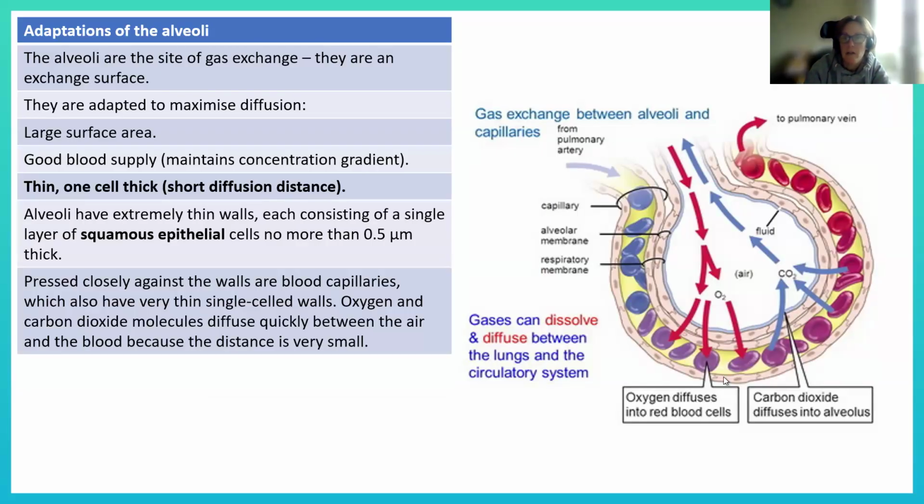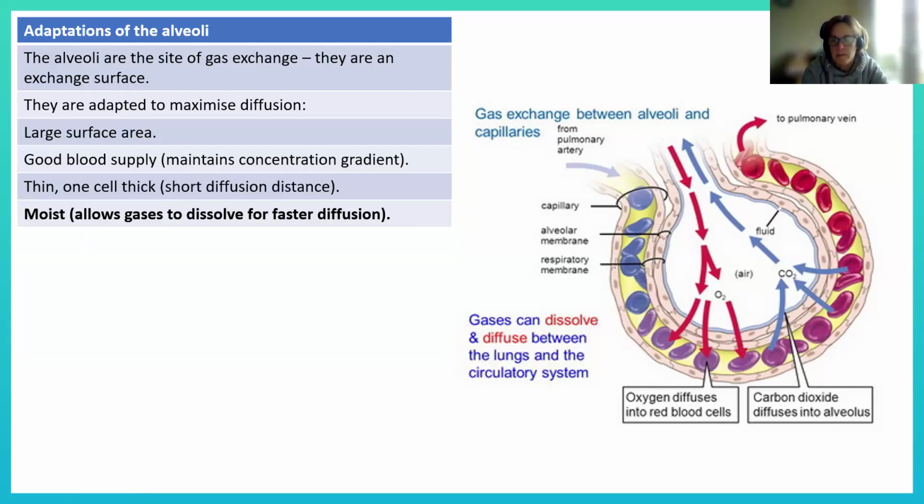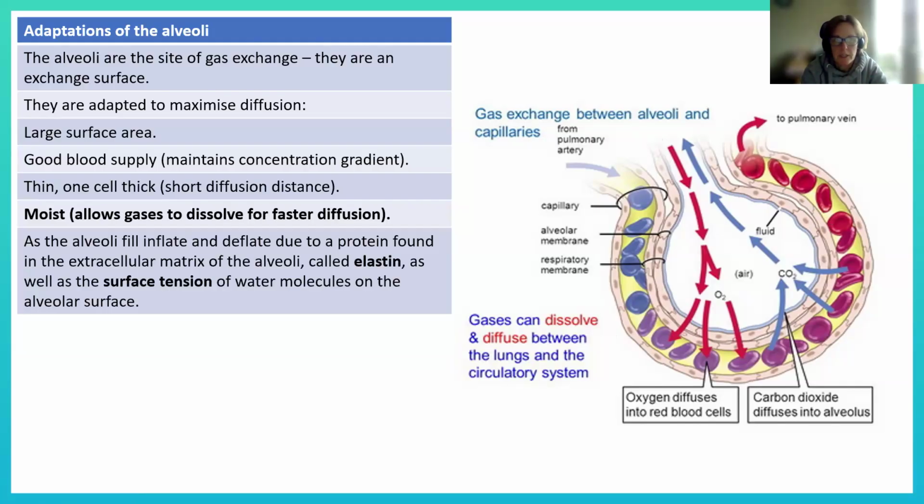This isn't part of the alveoli. This is a capillary. So this inner layer of cells is the edge of the alveoli, but they're pressed up very, very close with these two layers of single cells. So it really is a short diffusion distance. And this moisture as well allows them to move faster.